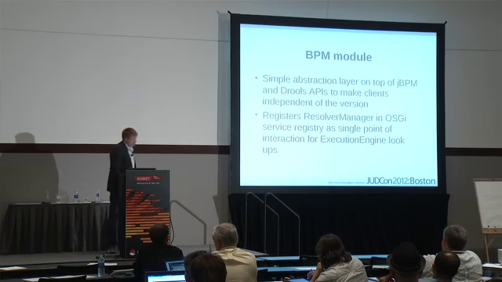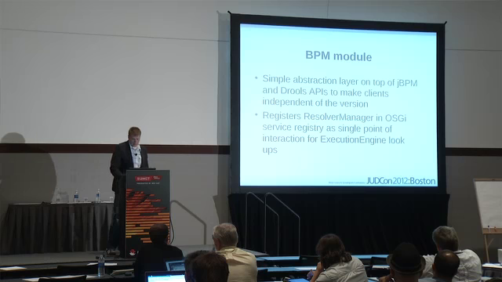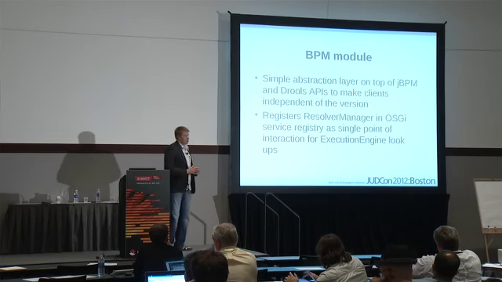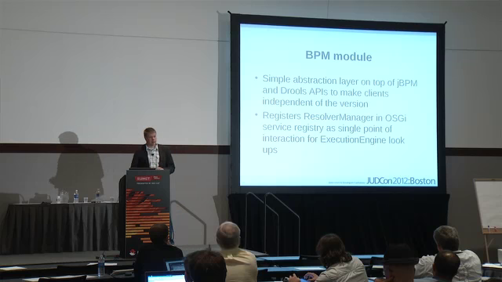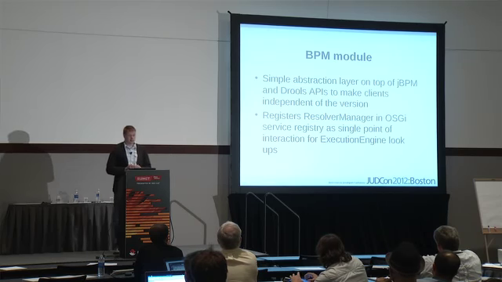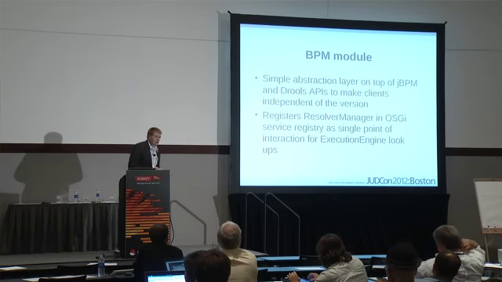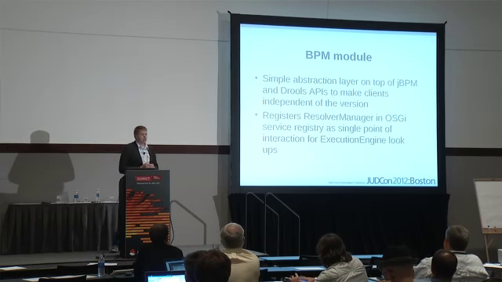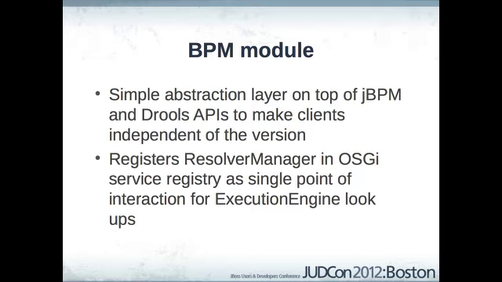Yeah, this is pretty much what I just said. It's a very simple abstraction. The main purpose of having this abstraction is to not depend on the Knowledge API interfaces directly from the client point of view. It's because the Knowledge API changes as well, and it provides more and more features.